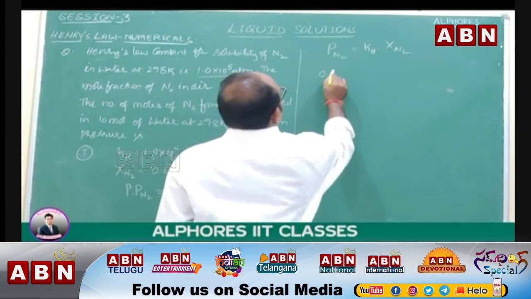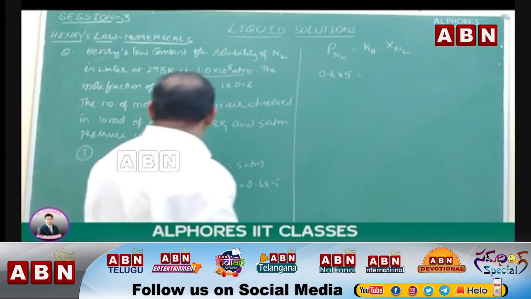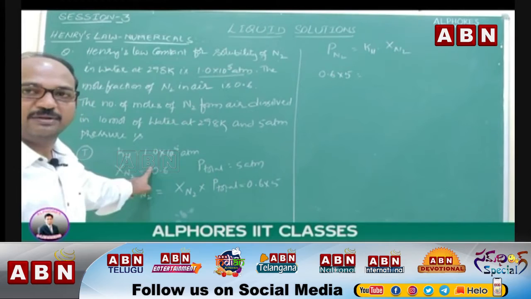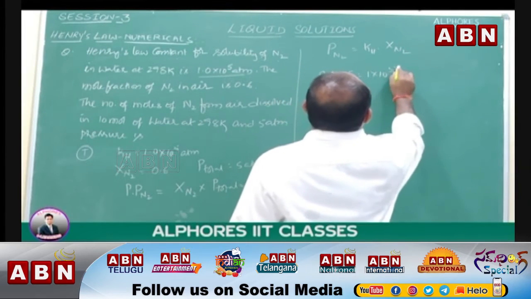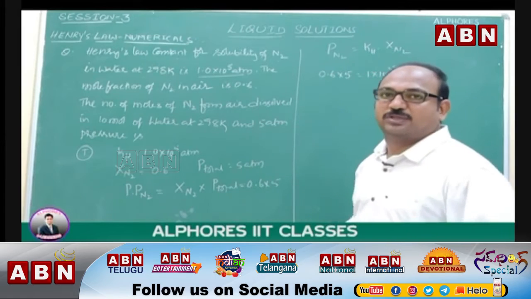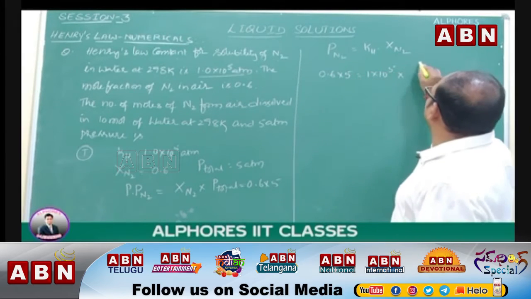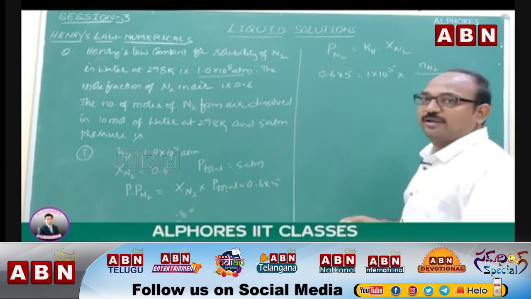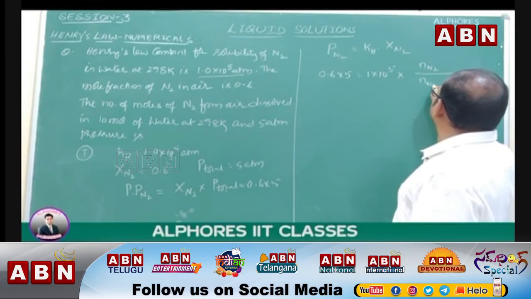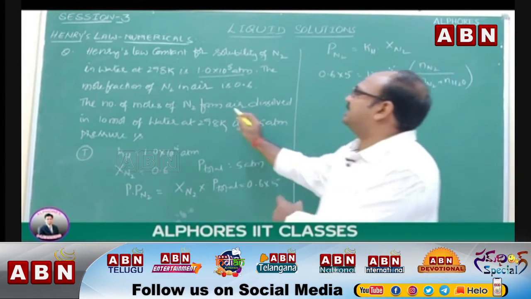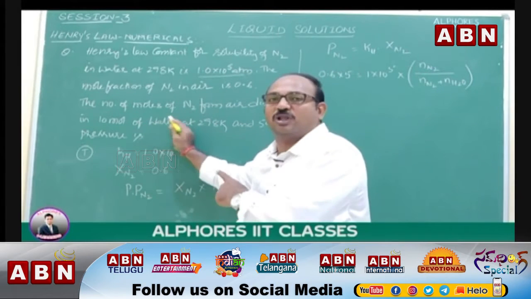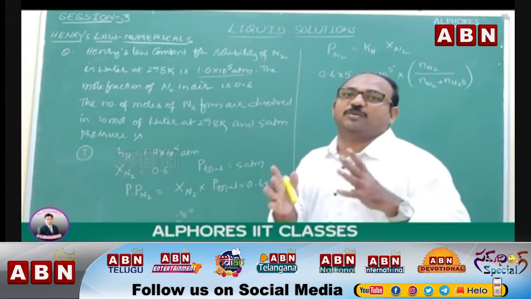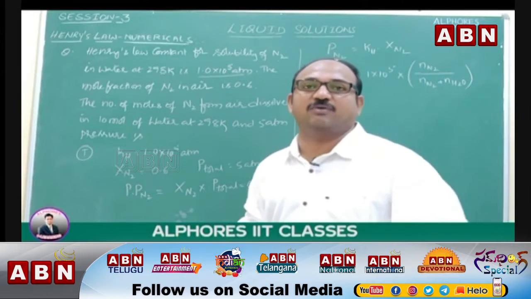So 0.6 into 5 is equal to the kH value provided, 1 into 10 power 5, into the mole fraction of nitrogen, which is nothing but the number of moles of nitrogen by the number of moles of nitrogen plus the number of moles of water. Because here it is mentioned that the number of moles of nitrogen from air dissolved in 10 mole of water is asked, that is, what number of moles of nitrogen get dissolved, right?